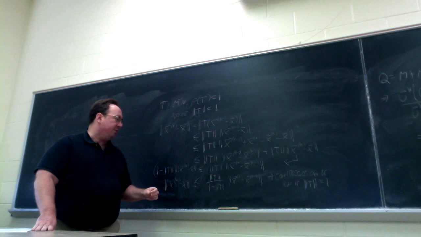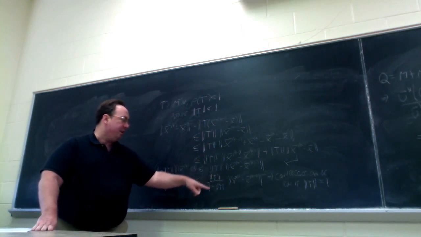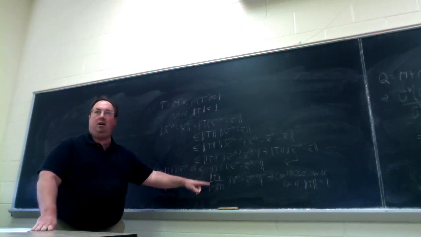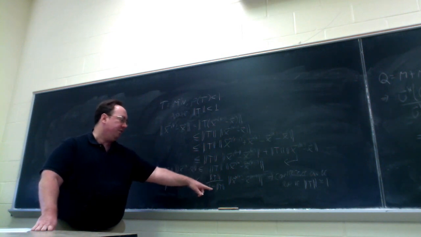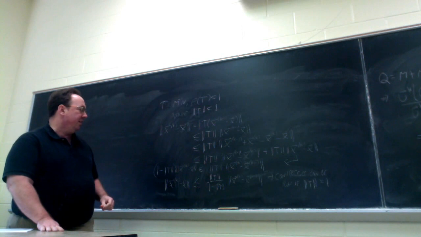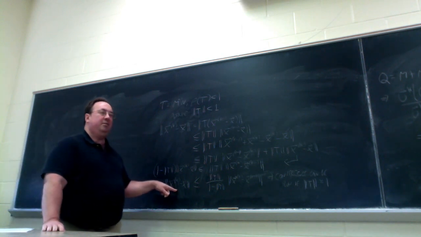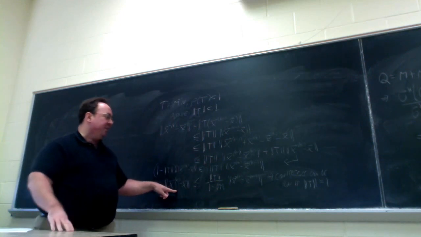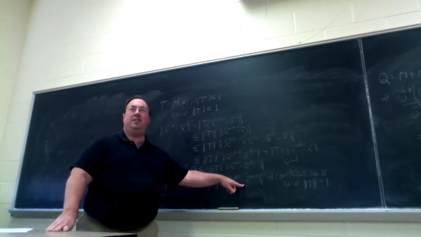Let's suppose this turns out to be 100, because this is so close to 1, and you want an error tolerance of 10 to the minus 8, then you should look for this to be less than 10 to the minus 10.